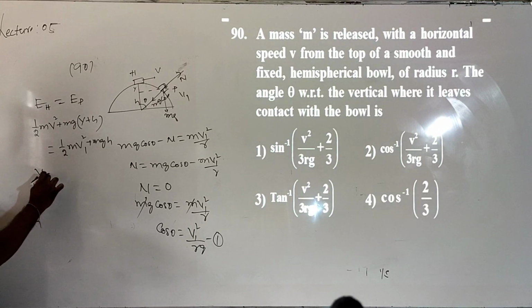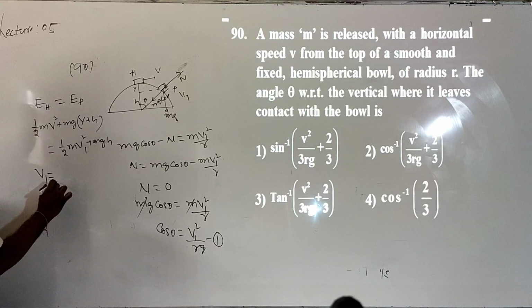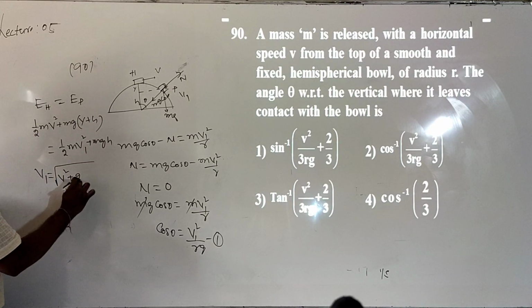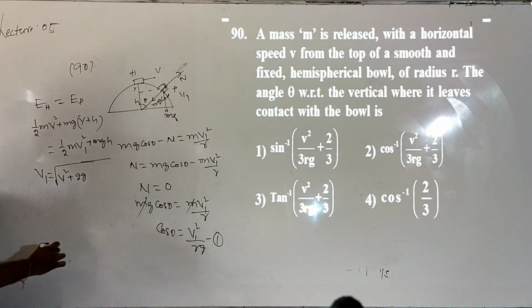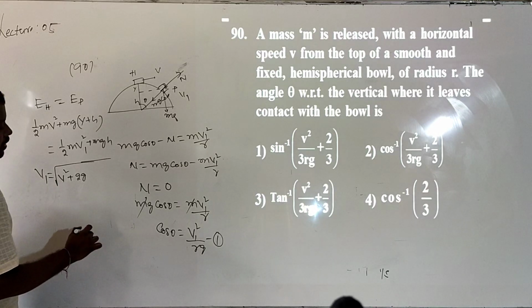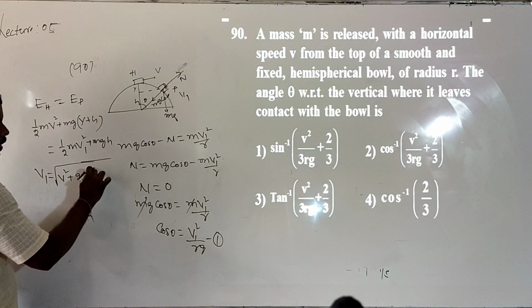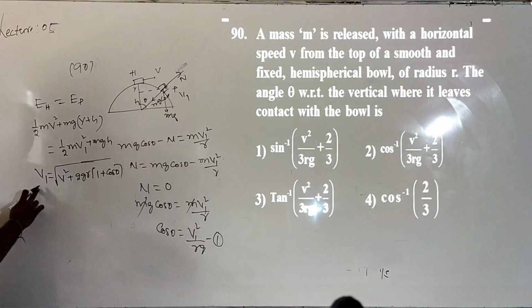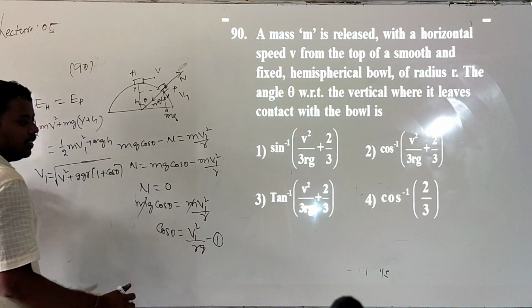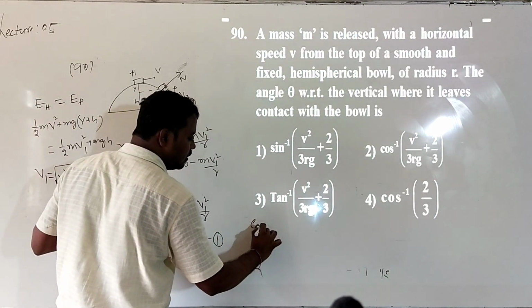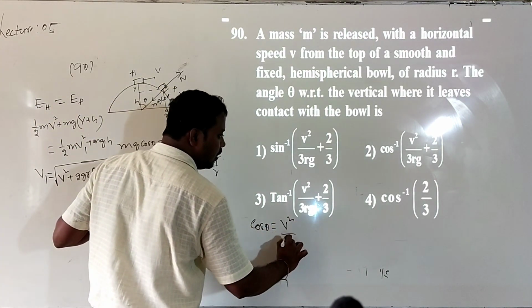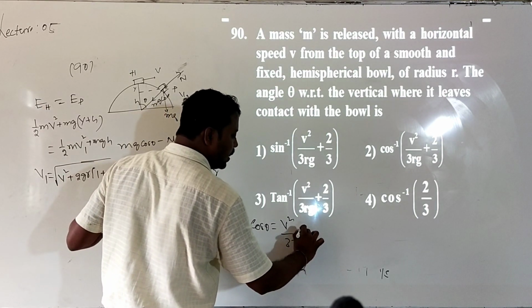After simplification we write v1 equal to root over v square plus 2 g times 2 r into 1 plus cos theta. By substituting this v1 value in the formula, finally we get cos theta is equal to v square by 3 r g plus 2 by 3.